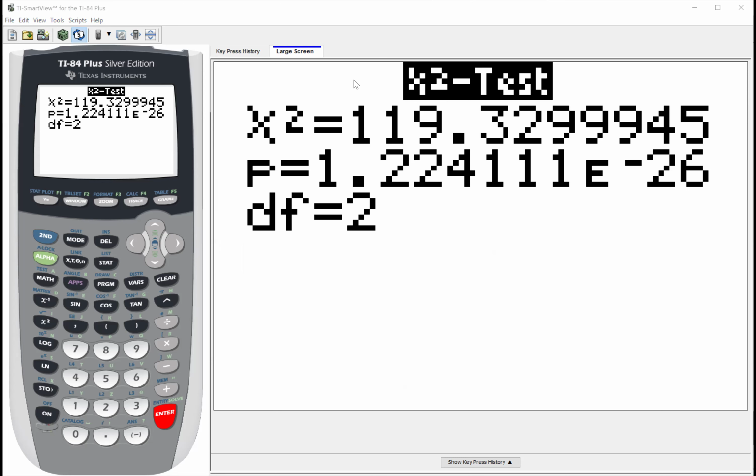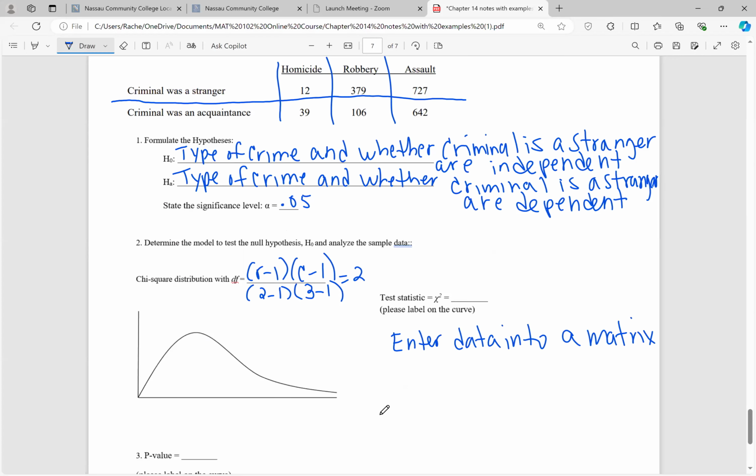So let's write this down. The test statistic is about 119.33. And remember what I said a couple of lectures back when I introduced chi-square, that the larger the test statistic, the more likely it is that we're going to reject the null hypothesis, because the larger the test statistic, that means there's a larger difference overall between each observed value and the expected value for each cell in our contingency table, which would indicate some sort of dependency.